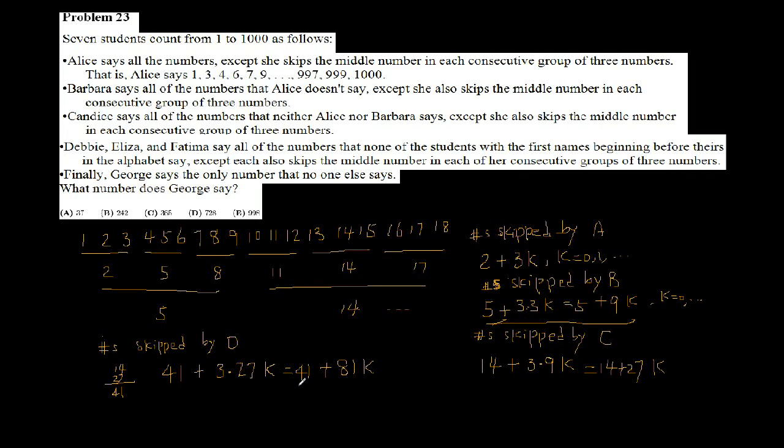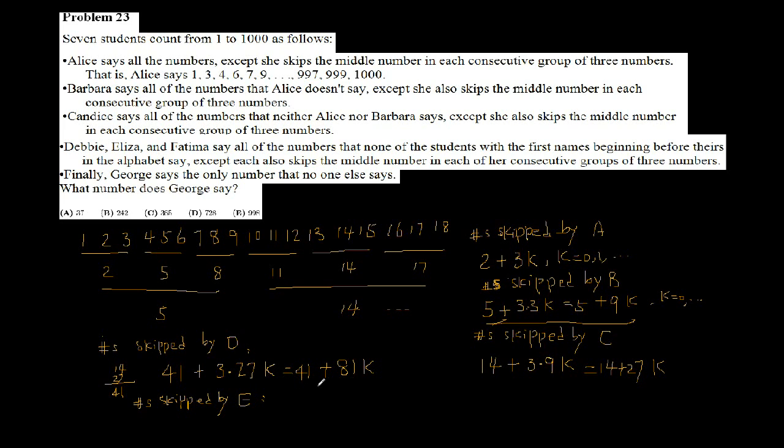And again, the second number skipped by D will be the first number read by E, right? So the numbers skipped by student E would be the second number in the sequence, because the first would be read by E, then E skips the second number, right?